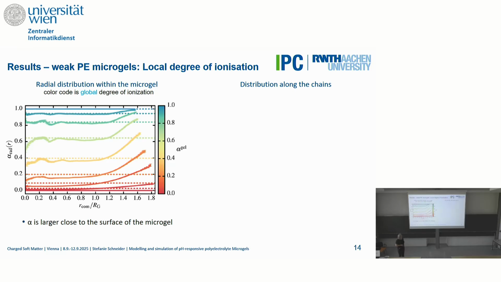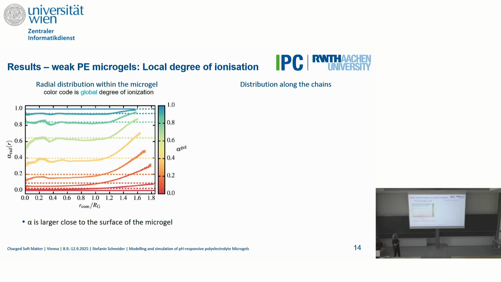If we now look at the local ionization of the microgel, let me first tell you what you see here. The dashed lines are the global degree of ionization, so the average over the whole complete microgel, and the different colors are the different concentrations.